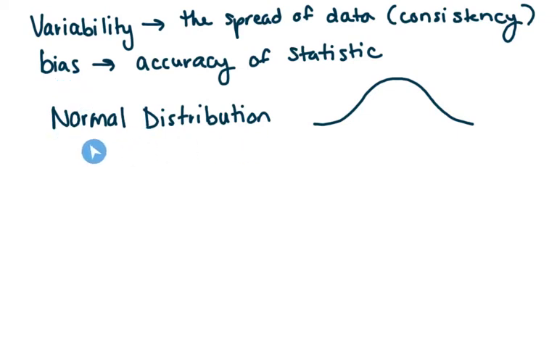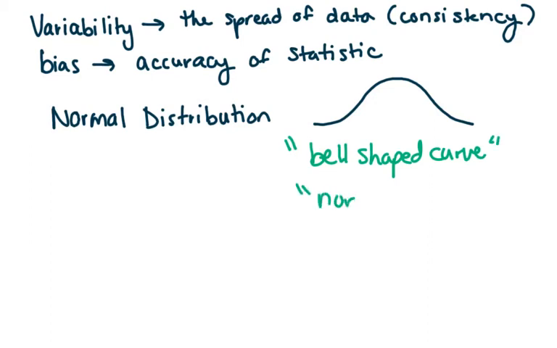A normal distribution. So a normal distribution follows what they call a bell-shaped curve. That's also called a normal curve. What you'll notice about the bell-shaped curve or the normal curve is that it's symmetrical.